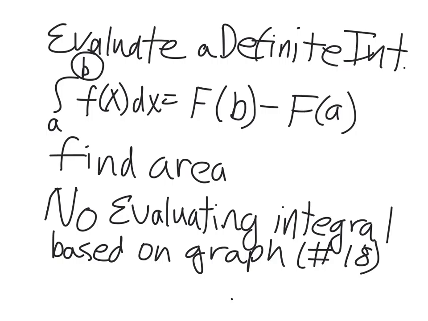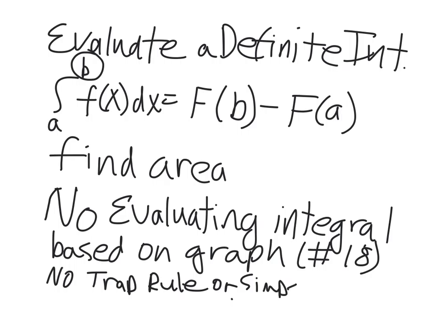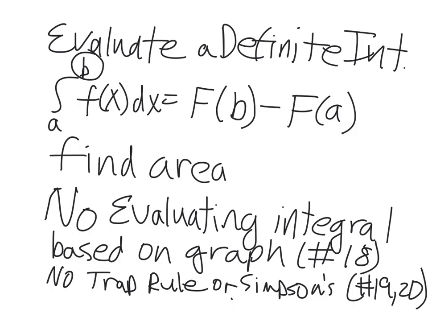Oh, excuse me. And also nothing using the trapezoidal rule or Simpson's rule. None of those approximations. That was 19 and 20 out of test 5. Yeah, with test 4, nothing with 18, 19, and 20, nothing like that on the final.